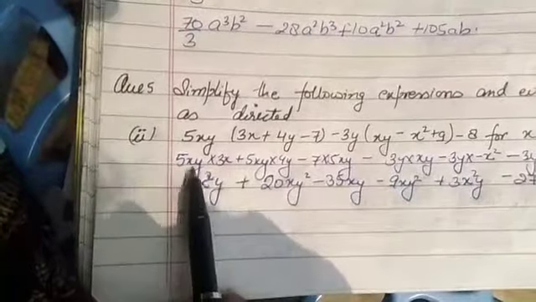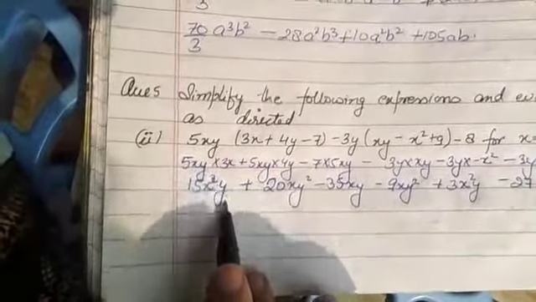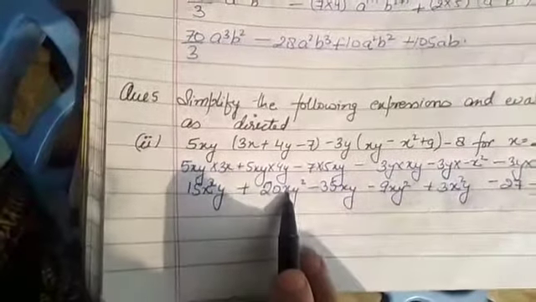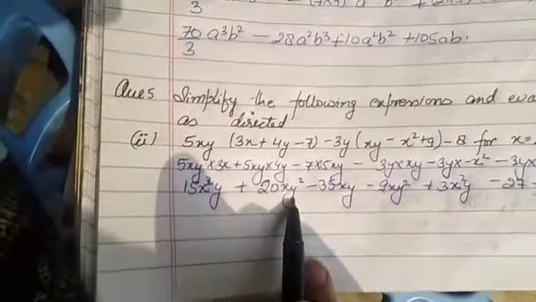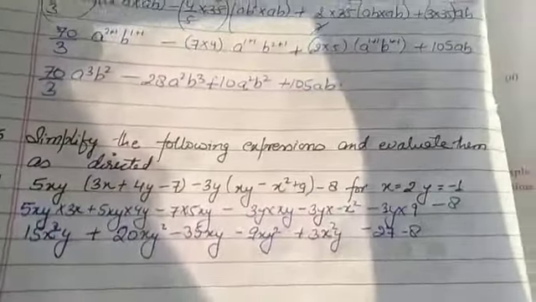Powers are x 2x, and here only y was 1. Here x was 1, so x is given only one time, and here y is 2 times, so here I gave the power 2. Like this way we will solve this expression.